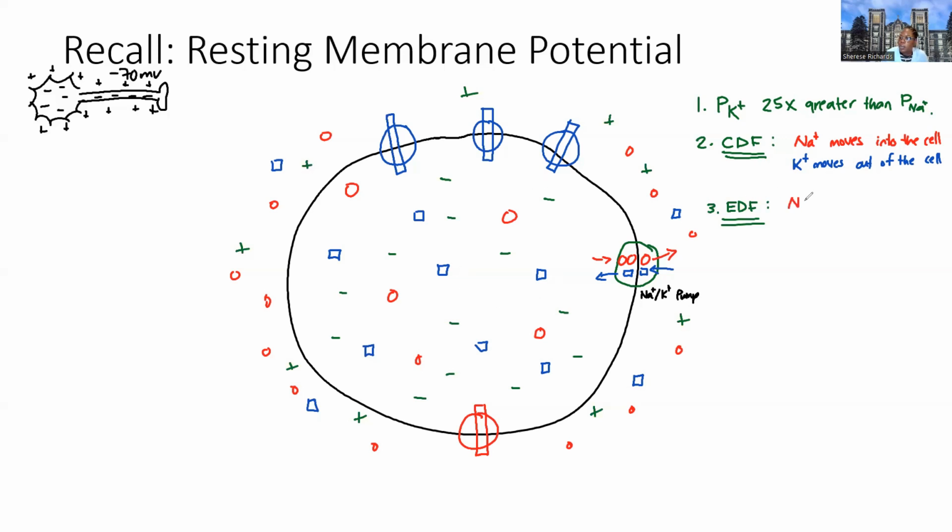So sodium moves into the cell. And potassium, likewise, will move into the cell because it is also positively charged. Okay, so that's our chemical force and our electrical force.